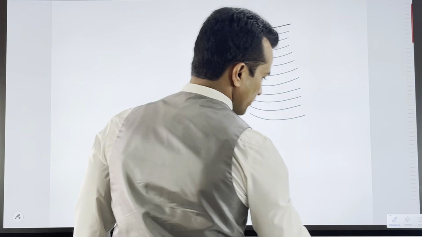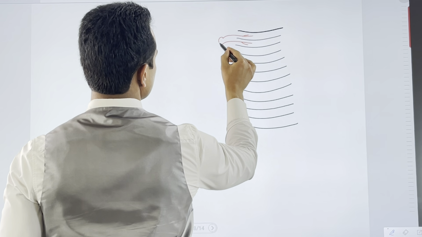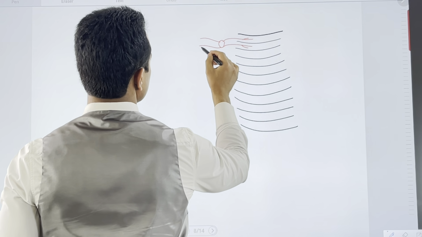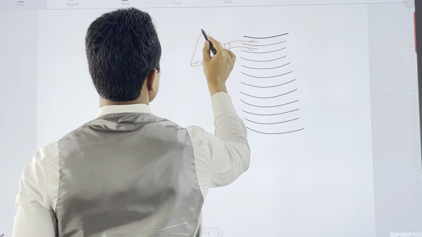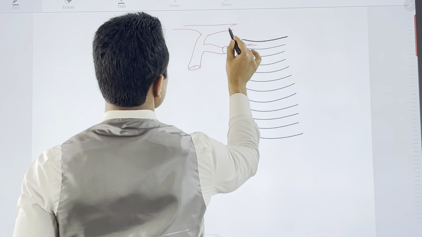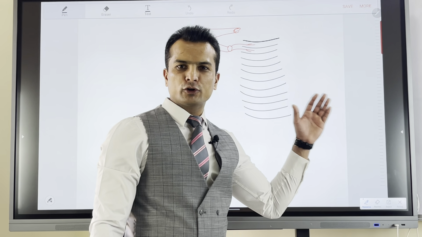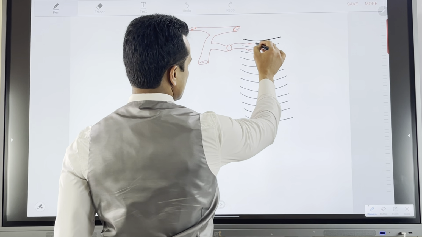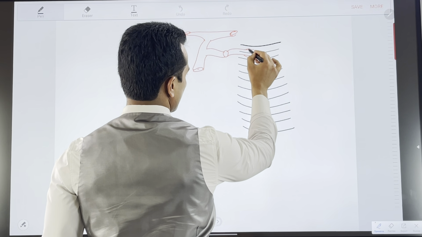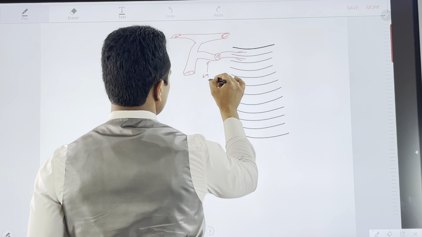Eleven intercostal spaces on the posterior side, and remember, you can write that the first two posterior intercostal spaces are receiving blood supply from posterior intercostal arteries, and these posterior intercostal arteries are branches of the superior intercostal artery.